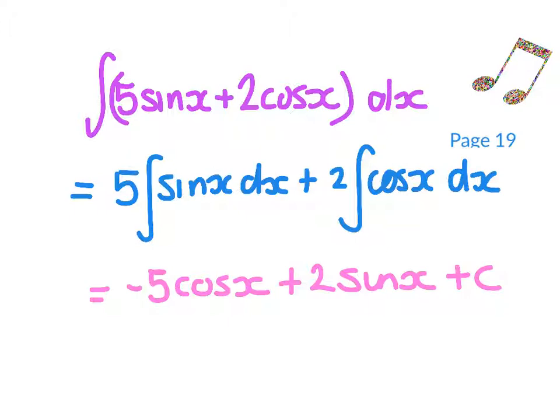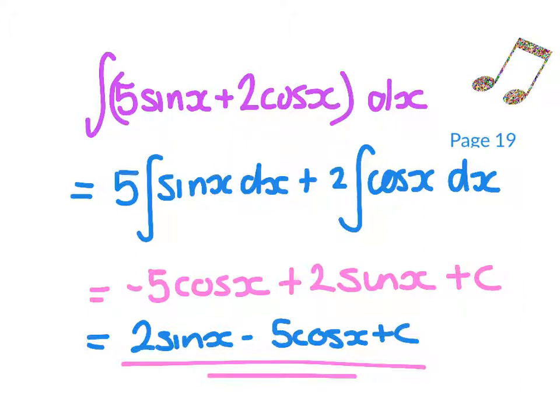Now I don't need to have 2 plus c's, because adding a constant here and adding a constant here just means that if I added those two together, I'd have another constant. So plus c once is enough. I am going to rearrange it so that I don't have that trailing negative. So 2 sin x minus 5 cos x plus c.